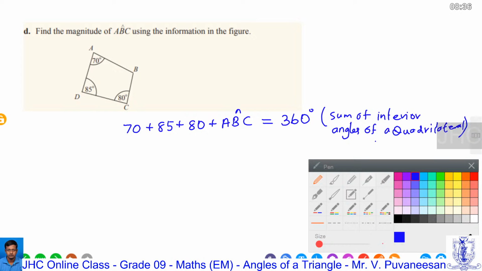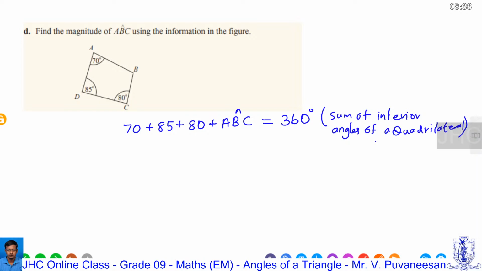70 plus 85 plus 80, that is 235. Is it correct?